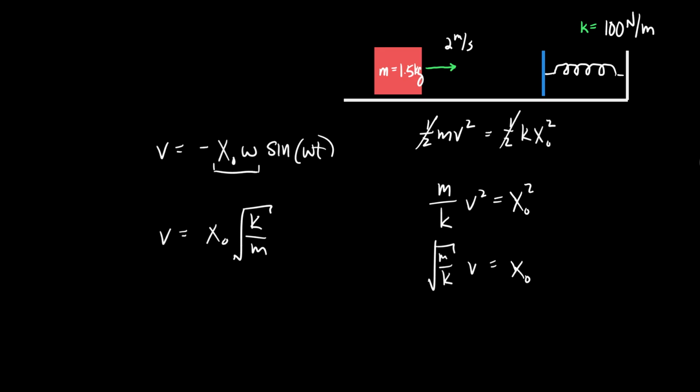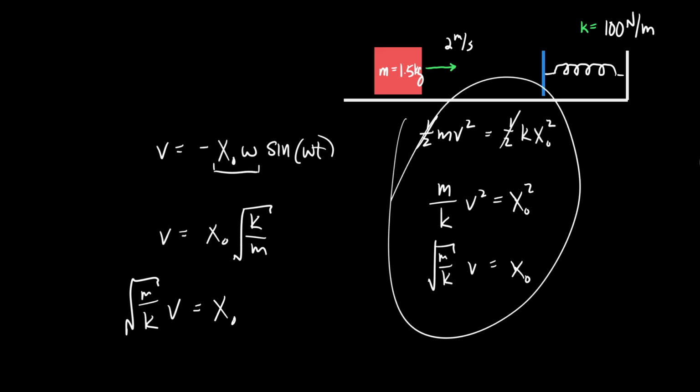So we'll solve this for x naught, and I'll get the square root of m over k times v. This tells me the velocity at any time, but I didn't need that. So I don't need the whole thing. I just need the part that's about the maximum. But there's no reason you couldn't do it this way. We did that all first semester.